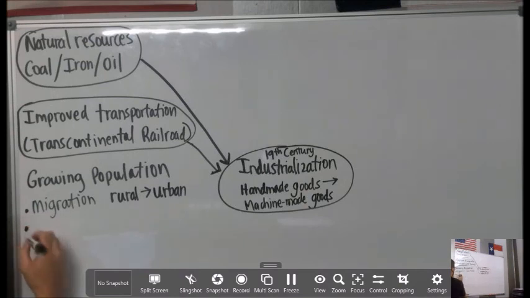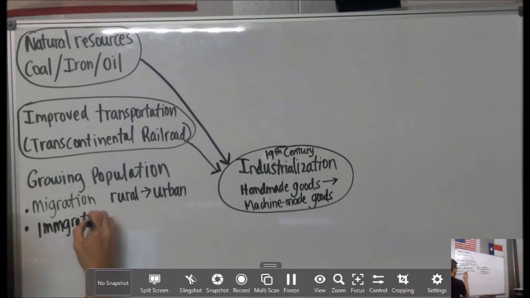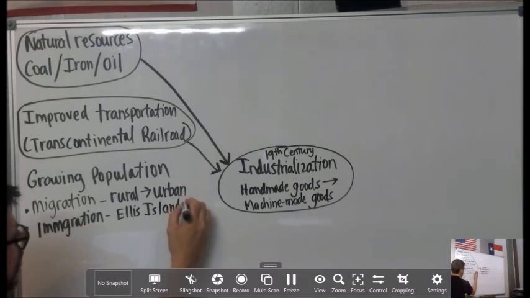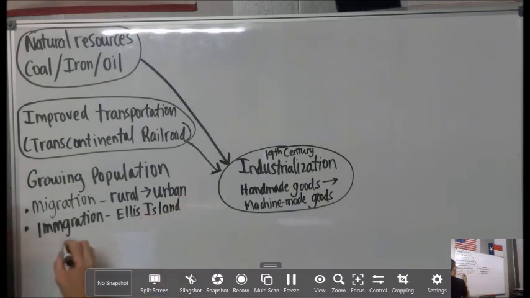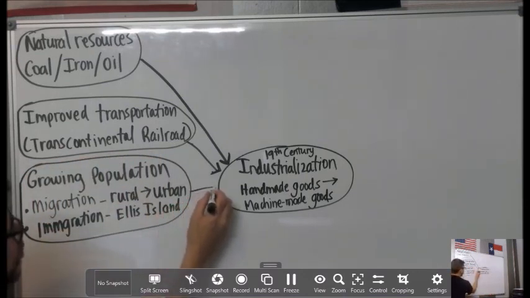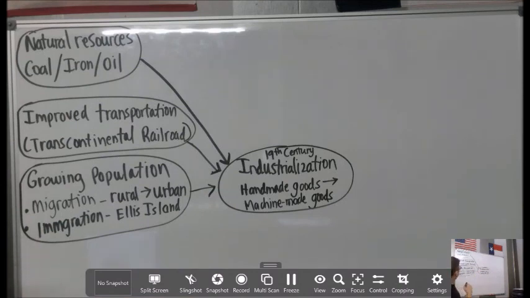And then we have immigration, and that was coming primarily into Ellis Island, New York, by the millions. Okay, so we had a growing population that was needed to work in those factories. Okay? All right, so that was needed for the industrialization of the 19th century.